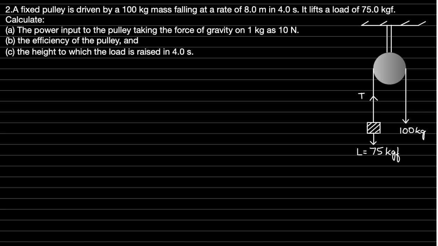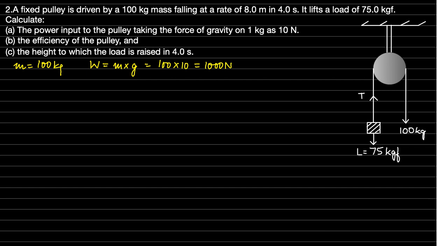So here we know the mass. So I would be writing the mass, that is 100 kg. So 100 kg, when we convert it to newtons, weight will be equal to m into g. We will consider g as 10 as we did in the last question. So it's going to be equal to 100 into 10, that gives us 1000 newtons. So we got 1000 newtons over here.